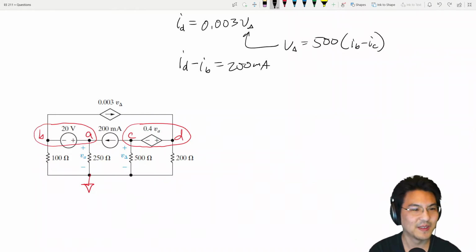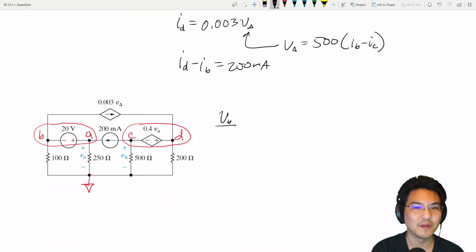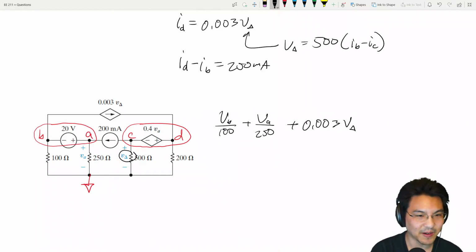Let's start with this one. So going here, VB over 100, and then now over here, VA over 250, and then going this way, plus 0.003 V delta. Where is V delta? It's right here.